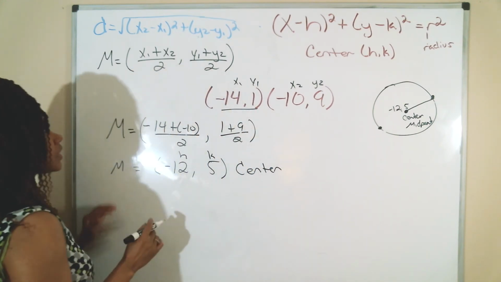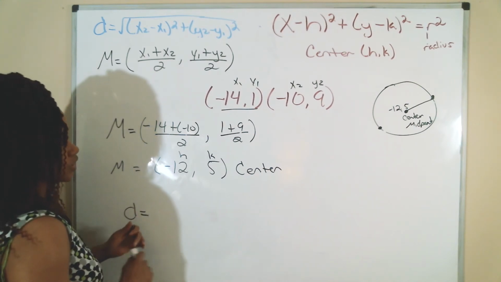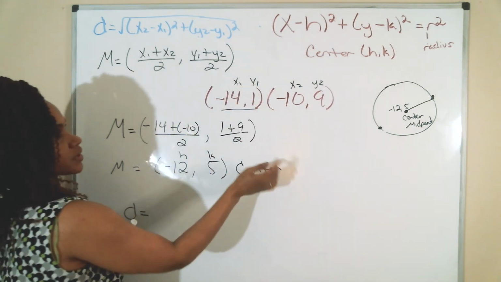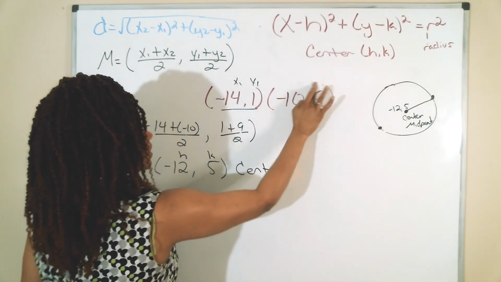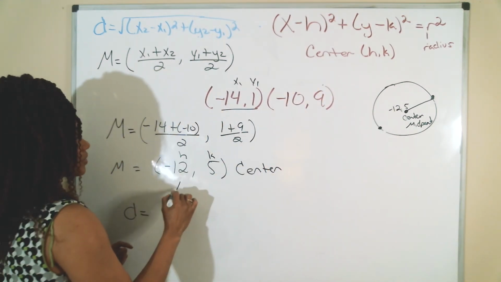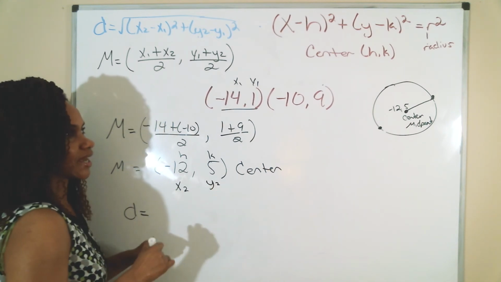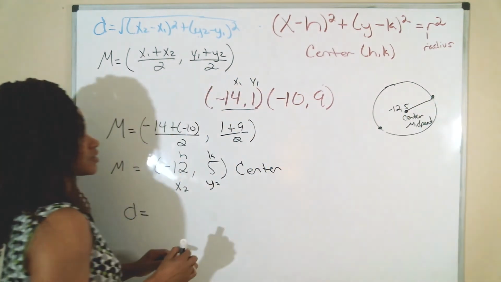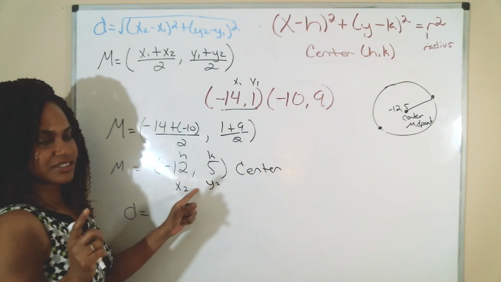So distance formula, d equals, and it doesn't matter how you label it. Since I have x1, y1, I'm going to just leave that there. But for my new x2, y2, I'm going to use the center because I have to find the distance from the center to an edge. So I'm using one endpoint, doesn't matter which one, and the center.